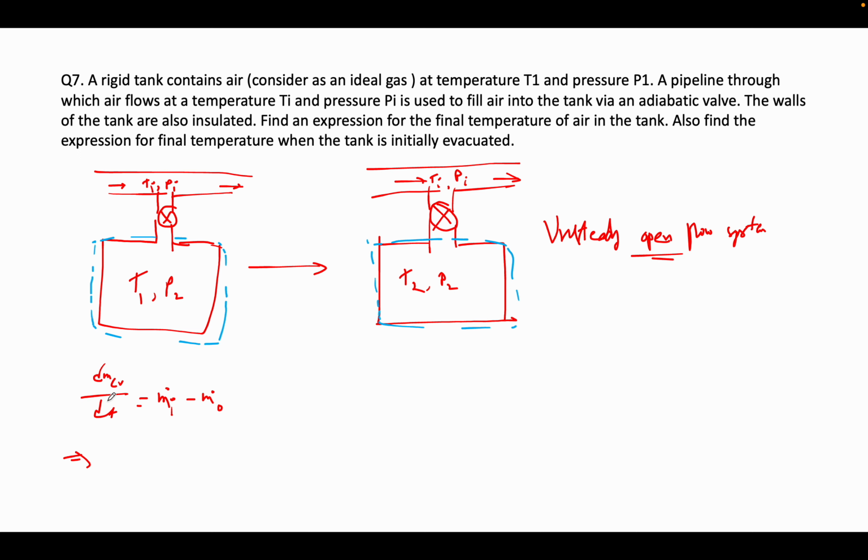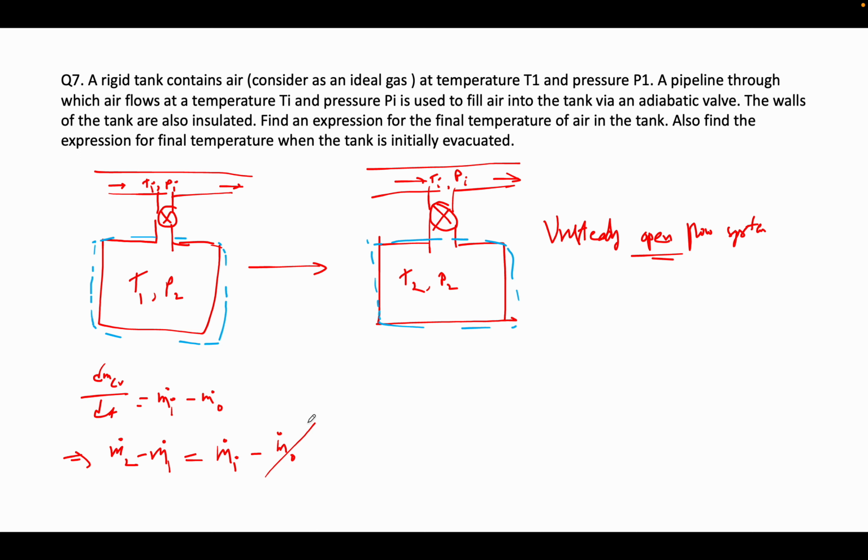So this dmcv by dt will be m2 minus m1, which is mi dot minus mo dot. I can write this as m2 minus m1 dot because everything is in the rate of change. Now there is entry from this point, but there is no exit from this point.